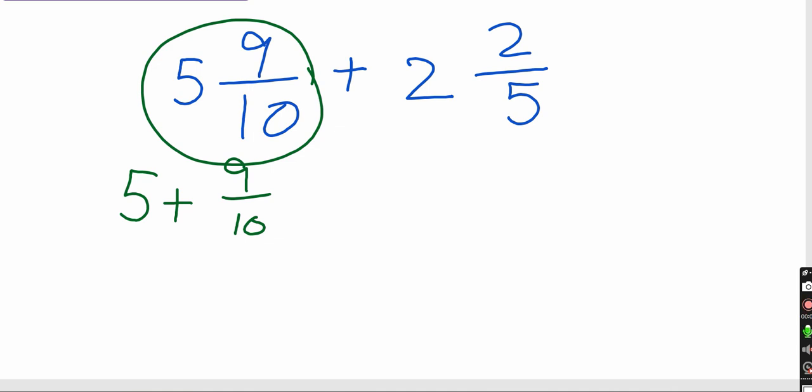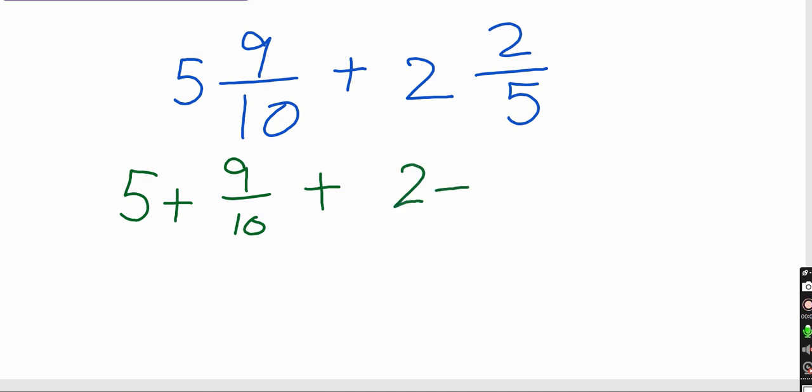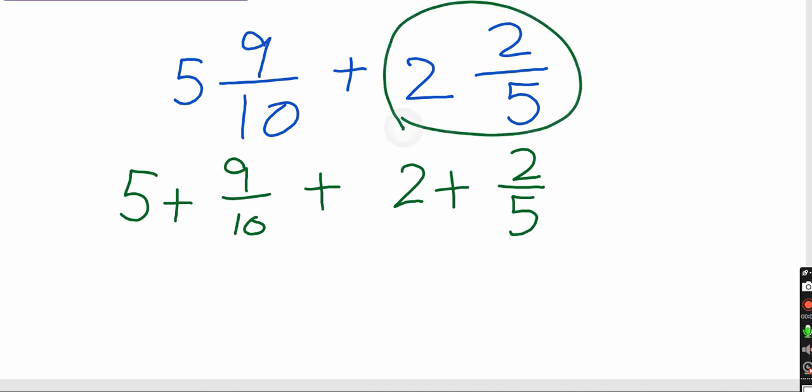If I break down the fraction and write like this, it means the same thing. I separated the fraction from the whole number. Same thing I will do here, 2 whole 2 by 5. I separated the fraction and the whole number. Okay, so it is the same thing.